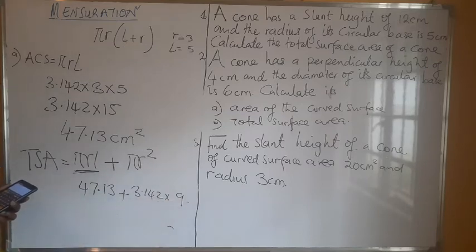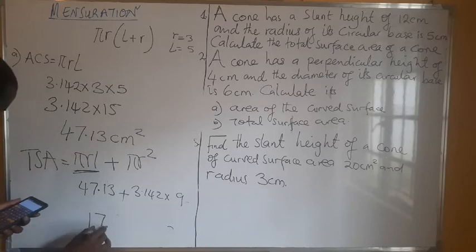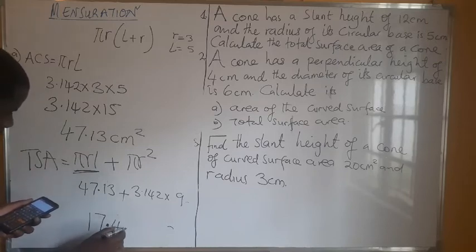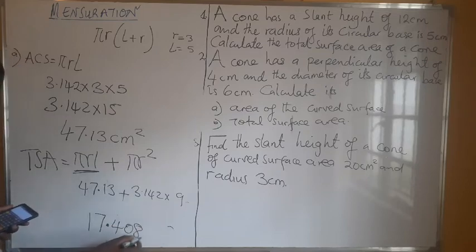So we can say this plus 3.142 multiplied by 9. What are we getting? Here I'm getting 28.278.